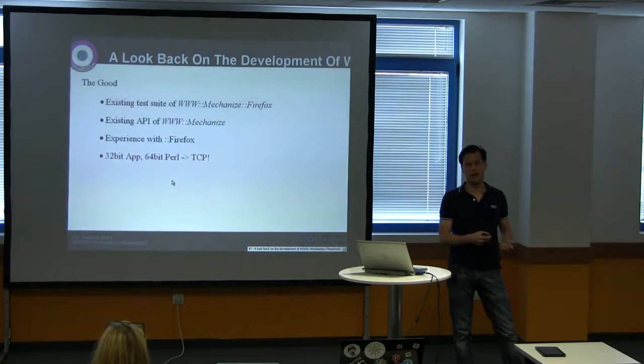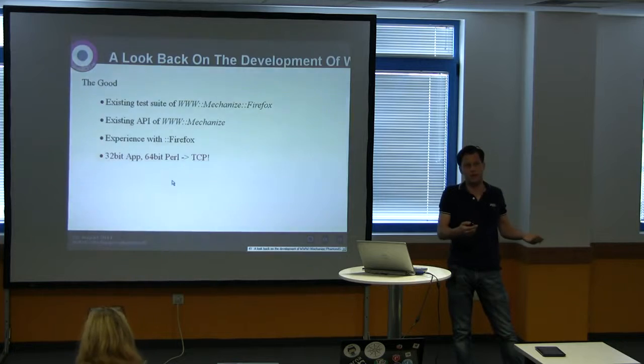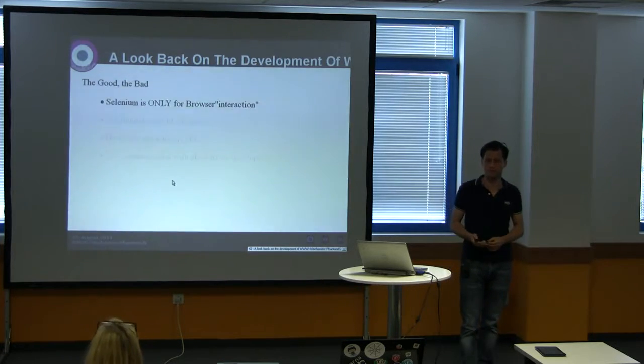But then I upgraded my Perl from a 32-bit version to a 64-bit version. And that would have broken my module because at the time there was no 64-bit ready version of the Firefox rendering engine. So yeah, using TCP as communication between two processes saved me from that. And at first I didn't even think about the problem. And that would have left me in a bad space.